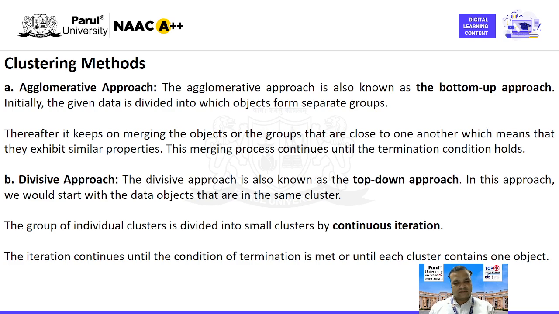The iteration continues until the termination condition is met, and until each cluster contains one object. So that is the divisive approach and that is the agglomerative approach, both part of the hierarchical clustering approach.